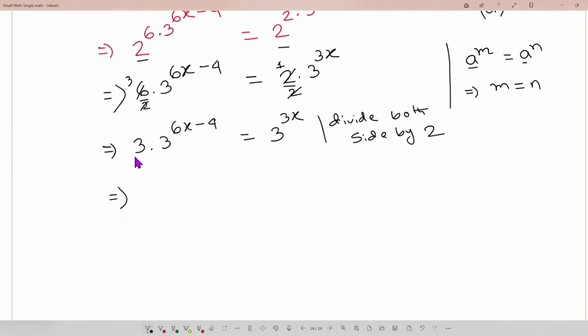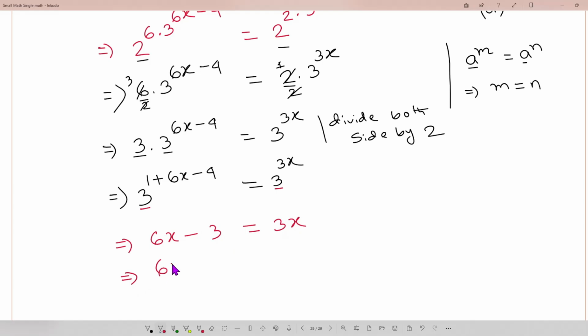So once the bases are the same, at the time of product, the powers will be added. So 3 to the power 1 plus 6x minus 4 equals 3 to the power 3x. Same thing, similar base, we can write 6x, 1 minus 4 is minus 3, equals 3x.